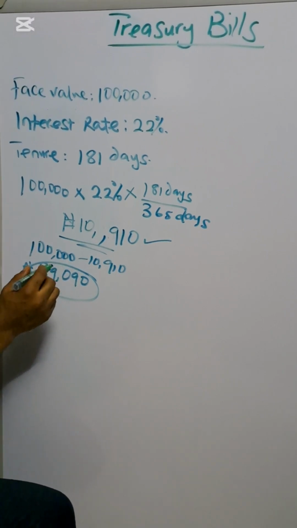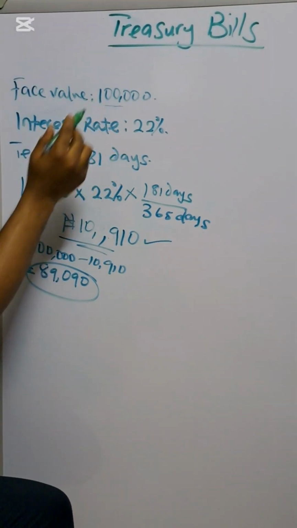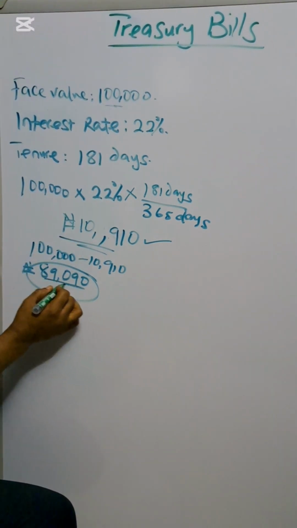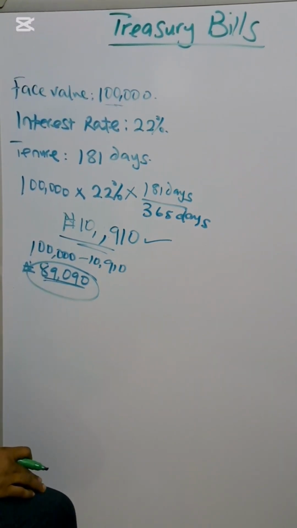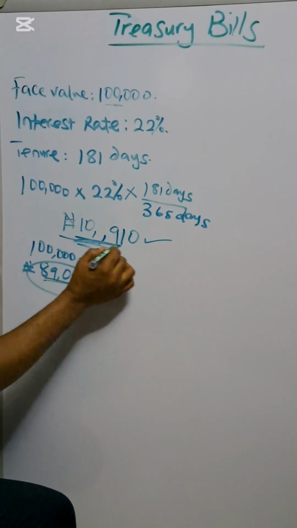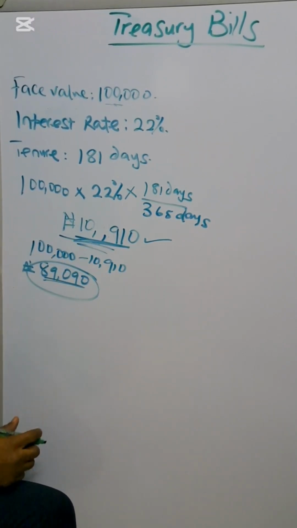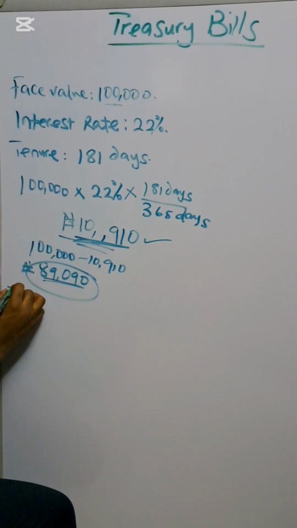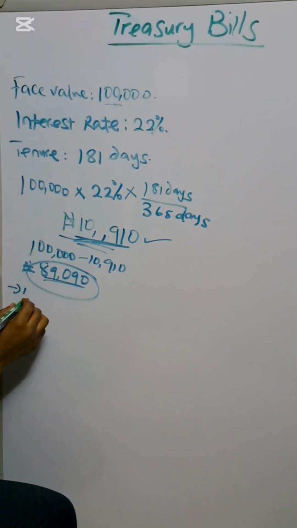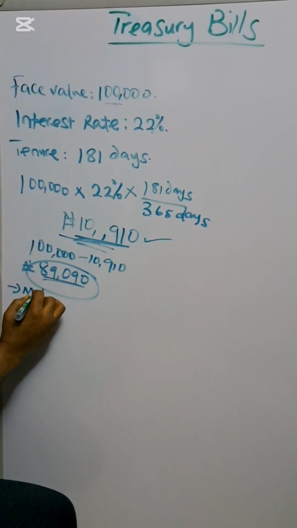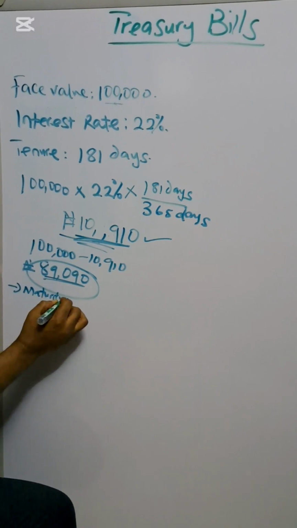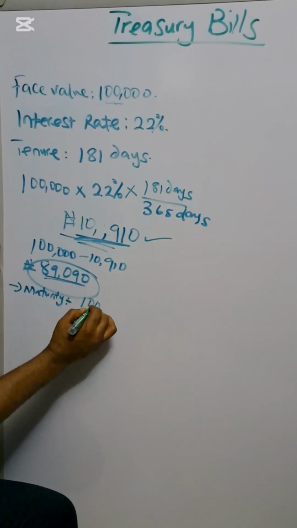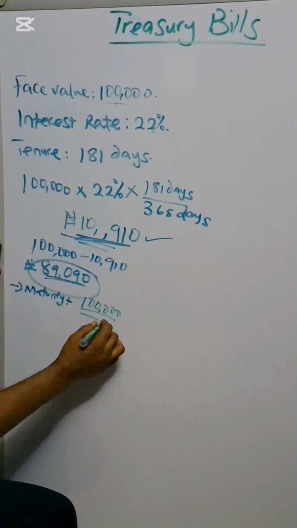So what it simply means, remember, my face value is 100,000. So I've invested this 100,000, and the bank only took 89,090 from my account. What it means is that this 10,910 has been given to me upfront, all right? And so on the maturity date, after this 181 days, the bank will return 100,000 naira back into my account.